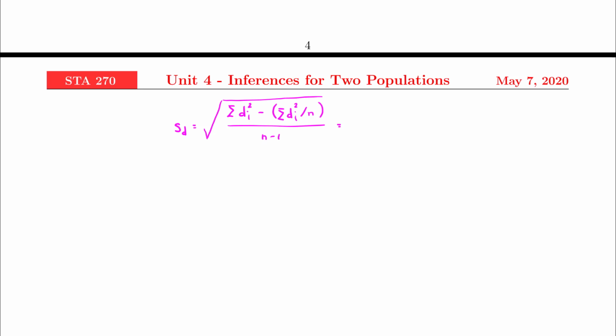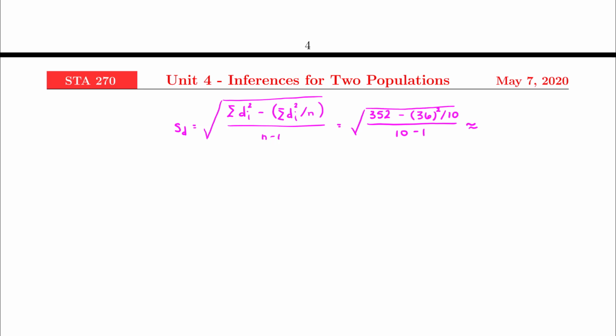So when we substitute in what we know from this example, the sum of all the differences squared is 352, and then we also have 36 squared divided by 10, over 10 minus 1, 9.